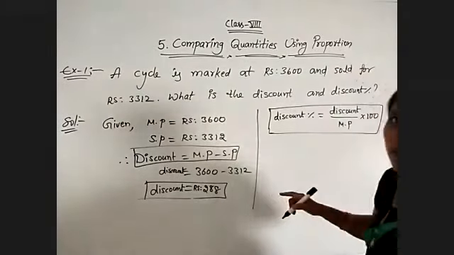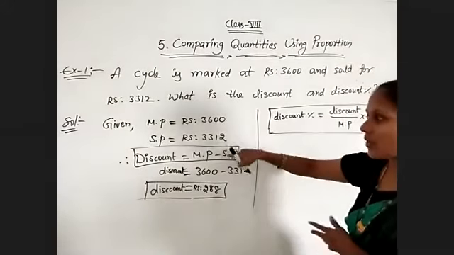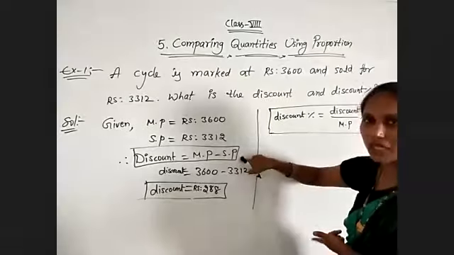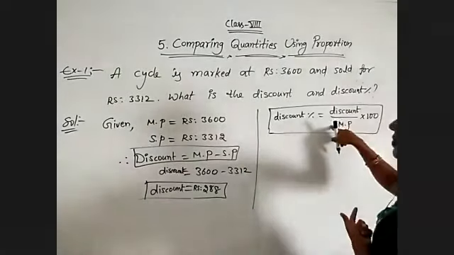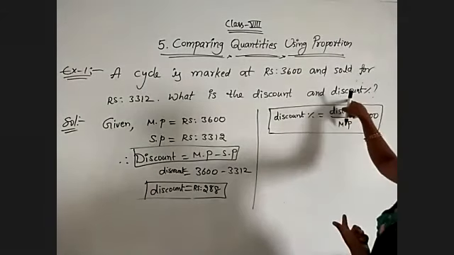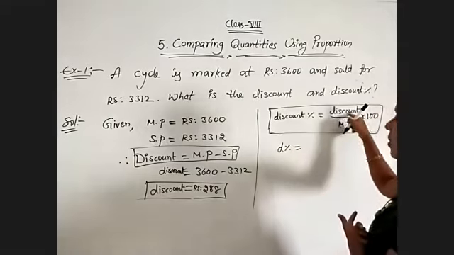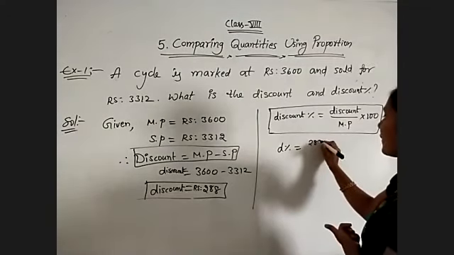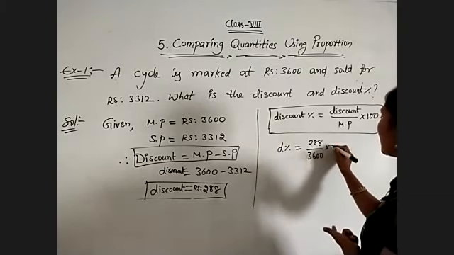Depending on the question, we need to choose the formulas. Here in this question, MP and SP are there, so we can find out the discount by using this formula. That's why I am writing this formula. After getting the discount, we can use this formula to get the discount percentage. So discount percentage is equal to discount 288 rupees divided by MP of the cycle 3,600 into 100.